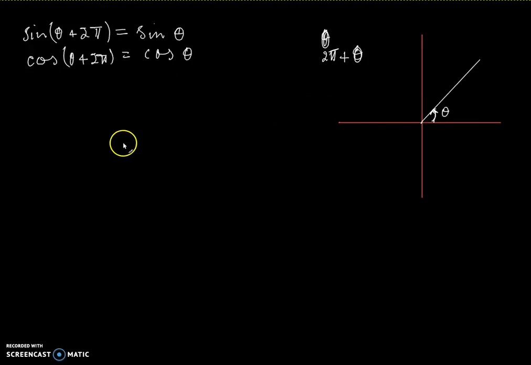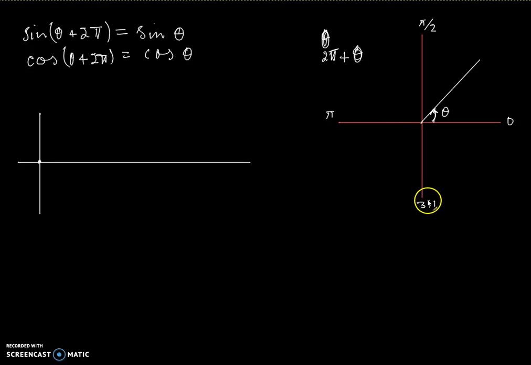And if you want to show the period here, you can do a simple diagram. If this is 0, this is pi by 2, this is pi, this is 3 pi by 2, and this is 2 pi.